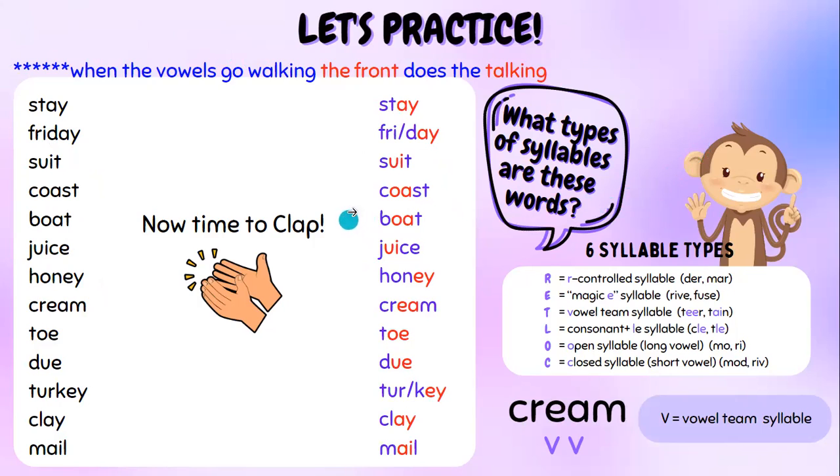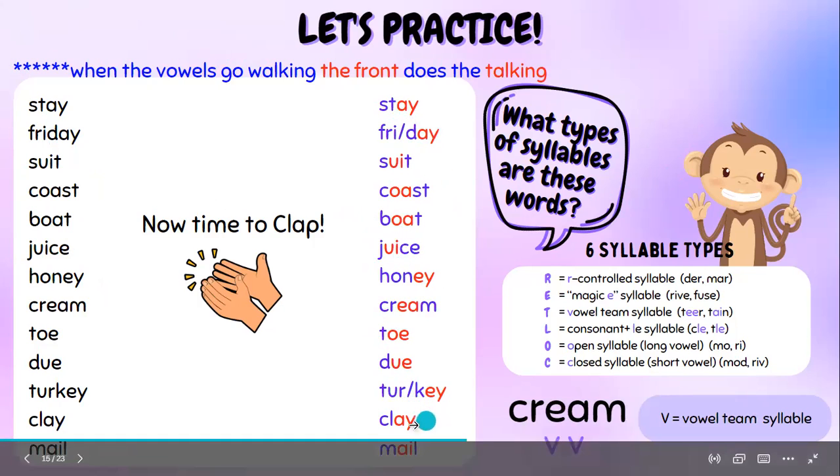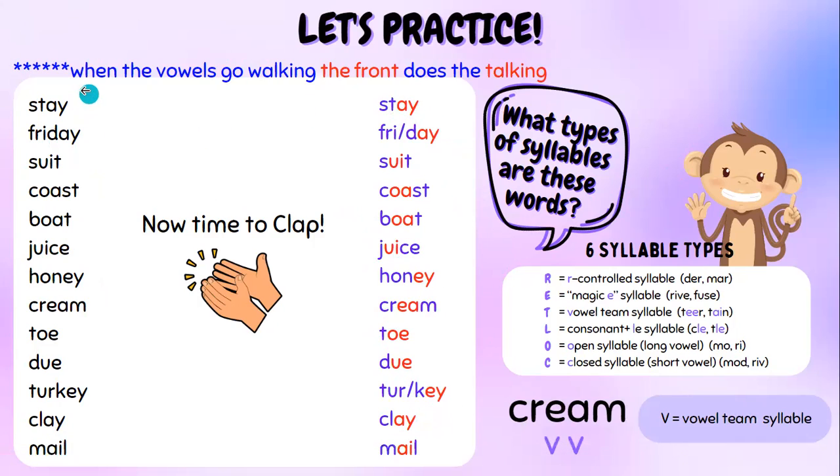And here we can also clap, and the vowel sound is highlighted. You can practice the rule which I taught you, and you can remember it with: when two vowels go walking, the first does the talking.